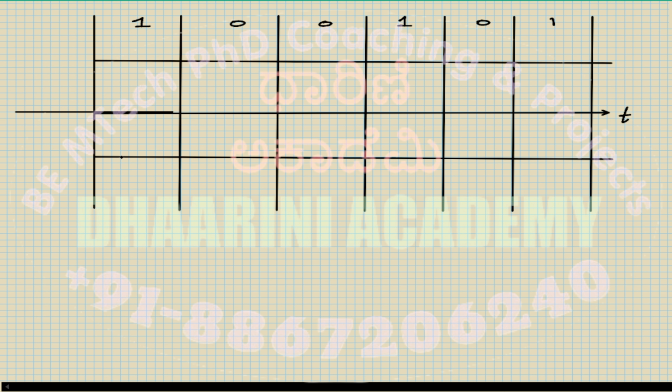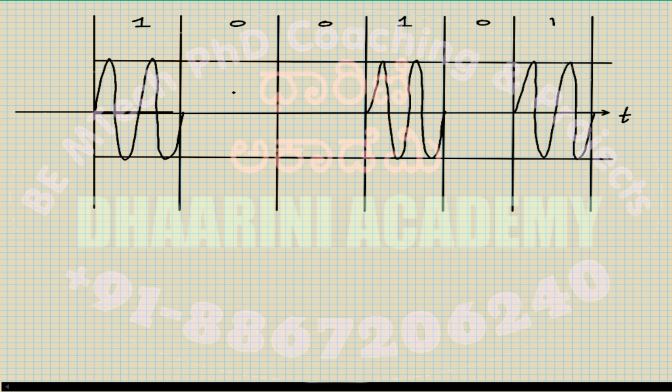Whenever you are sending 1, you will see a wave like this. Whenever there is 0, you are not going to see anything. So once again, you have 1, and 0 means no wave. Once again, I have a 1 here. So 0 indicates you are not sending anything.